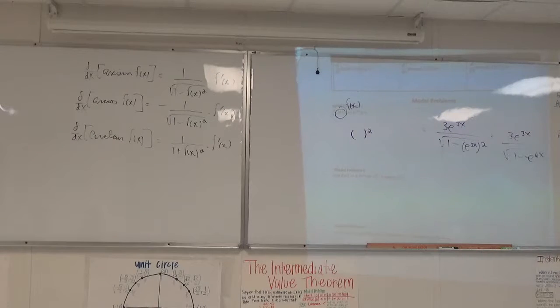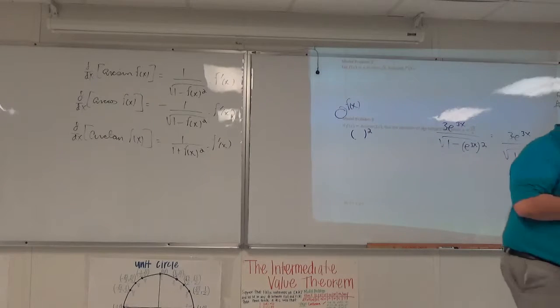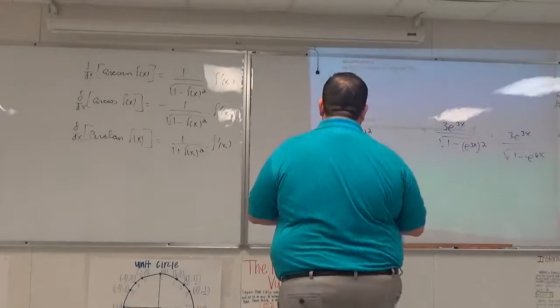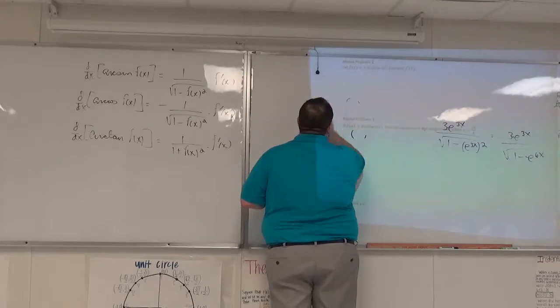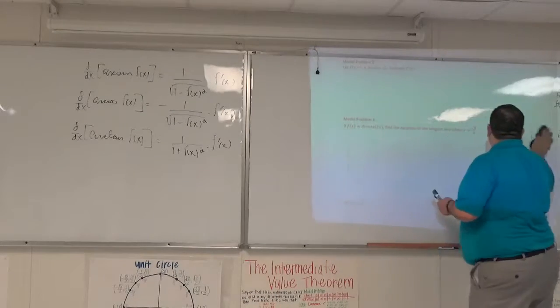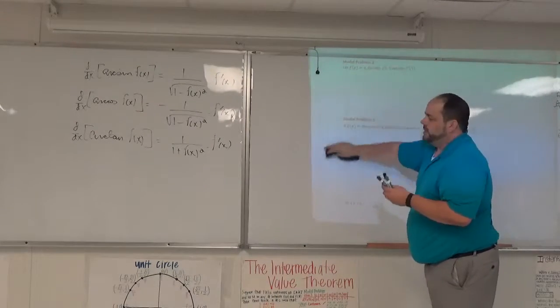All right, friends, show me what you can do at number 2. Hey, Andrew, can you tell me how would you read this problem? Let f of x equal x times arctan.